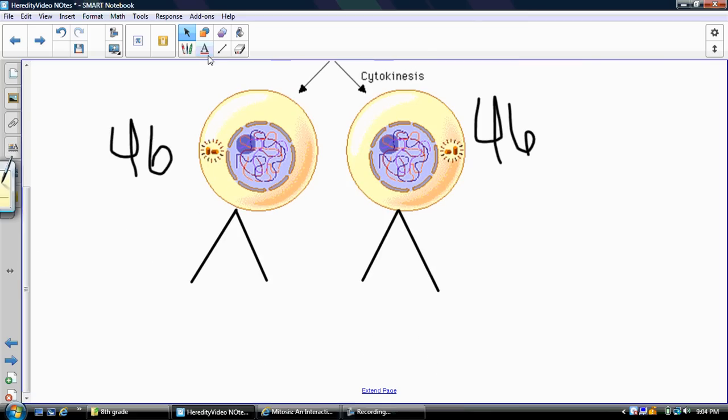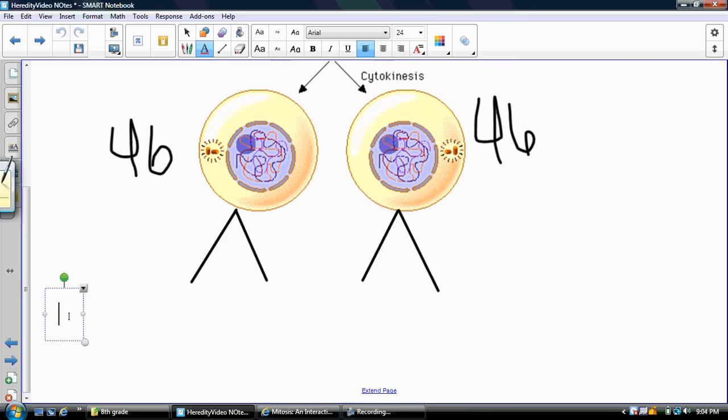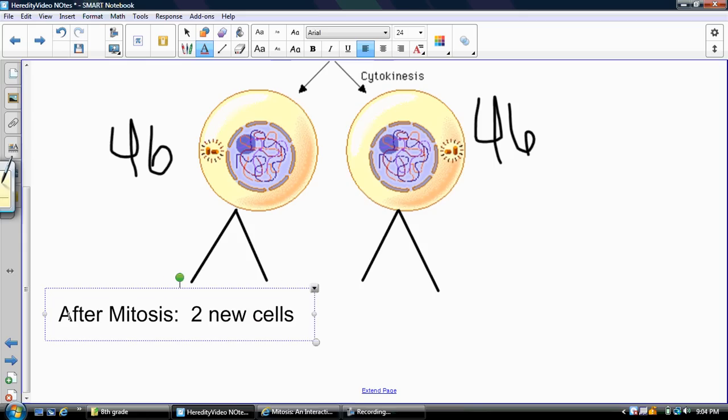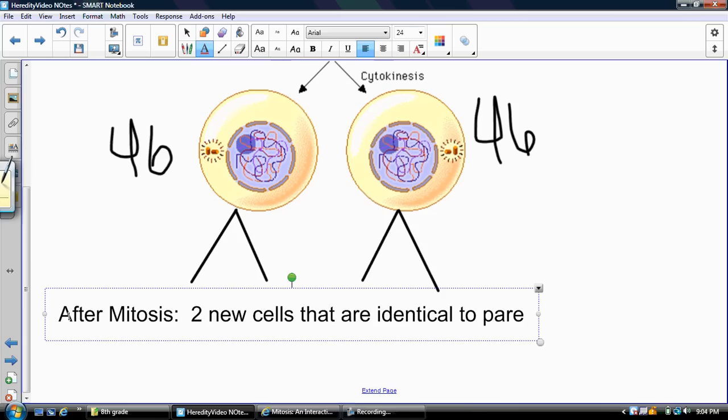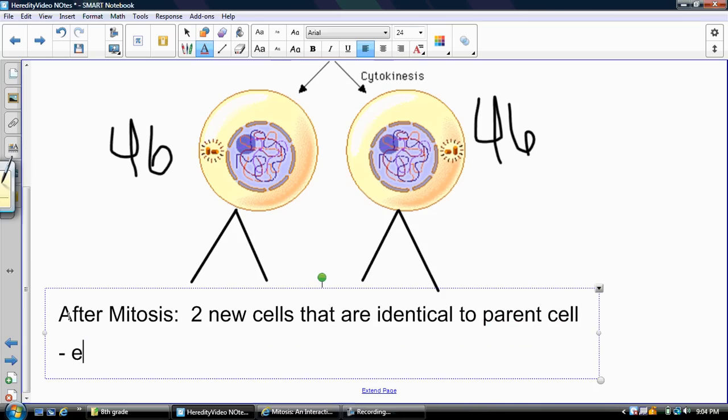Now, the key thing to remember are the results of mitosis. After mitosis, we have two new cells that are identical to the parent. And it's identical because each cell has 46 chromosomes.